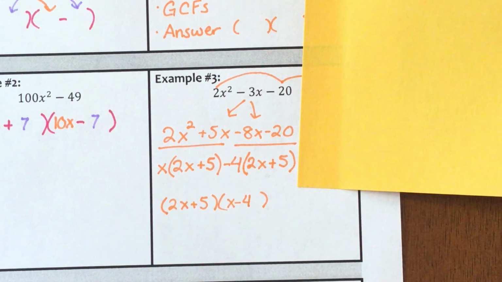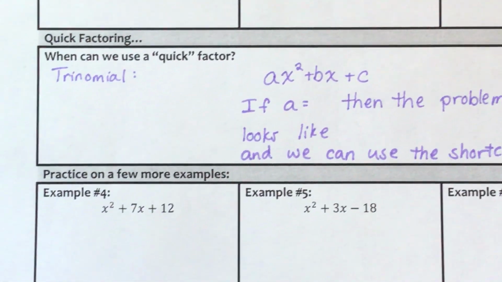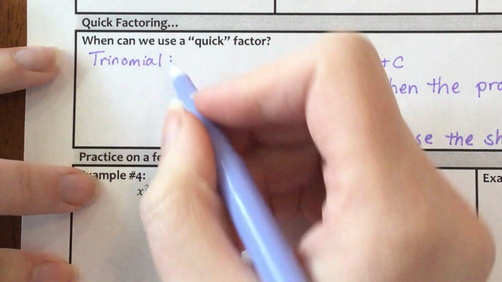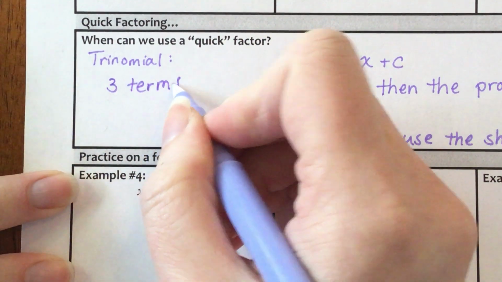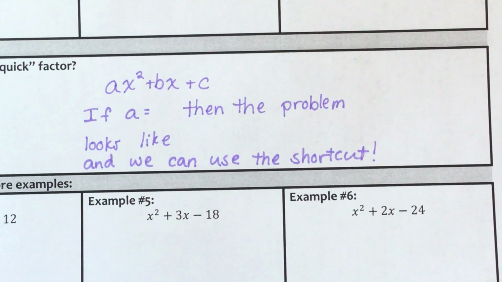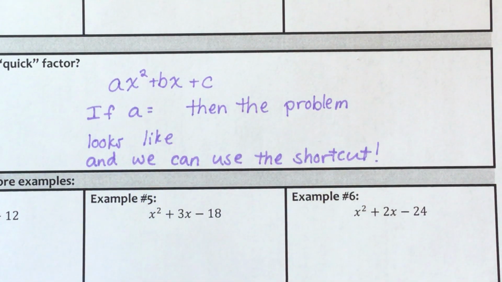Okay, the next thing we're going to talk about is the quick factor. Quick factoring is only usable when we have a trinomial, which again is 3 terms. So a trinomial looks like ax squared plus bx plus c.